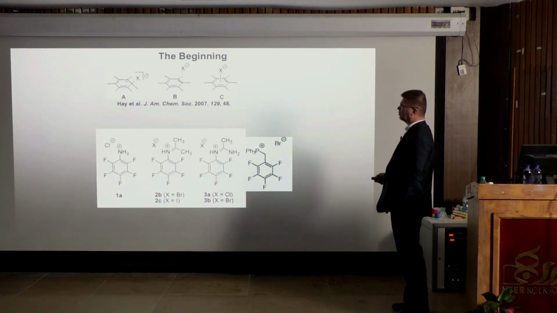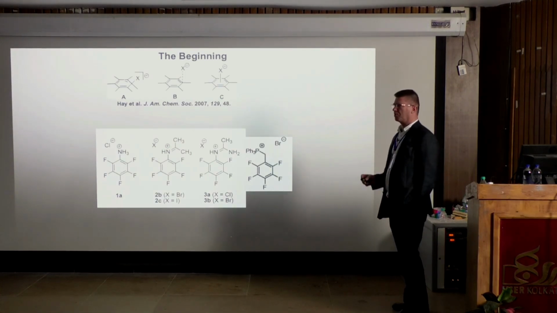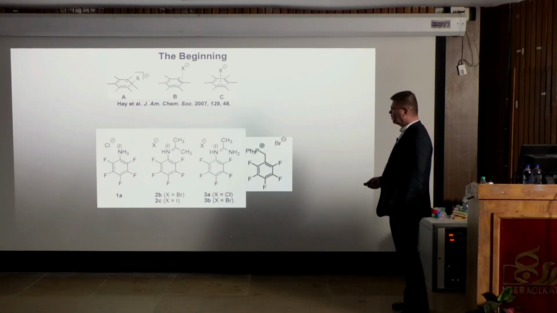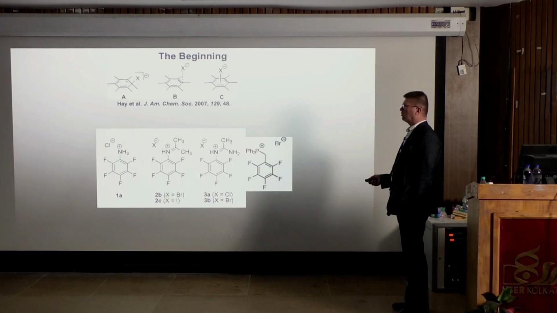And the point is, I got a student coming for a 3-month internship in my group from Germany, and we had an idea: let's study these simple salts. So we have here a highly polarized pi system, and here we have an anion. Here we have a chloride, here bromine and iodine, and here the same chloride and bromine.